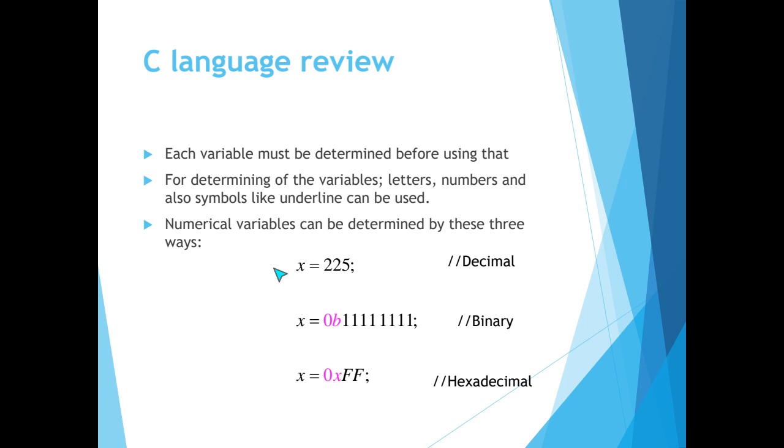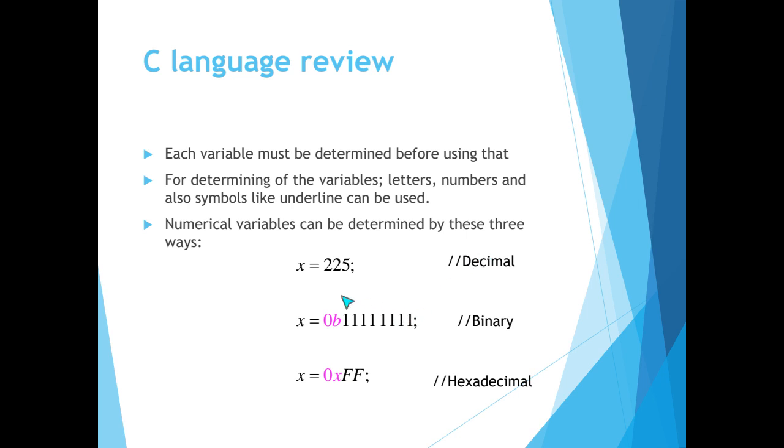About numerical variables, they can be determined in these three ways. When we are trying to use the numbers related to the different numerical variables, we will have different rules.